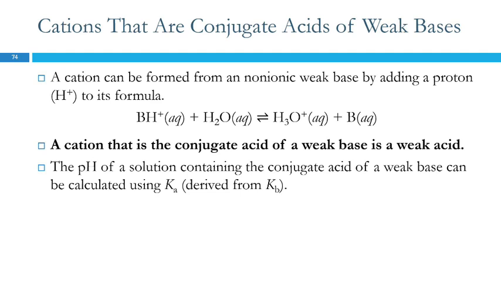What about cations that are conjugate acids of weak bases? A cation that is the conjugate acid of a weak base is a weak acid. That's, yeah, just so many words jumbled together. So a cation can be formed from a non-ionic weak base by adding a proton to its formula.